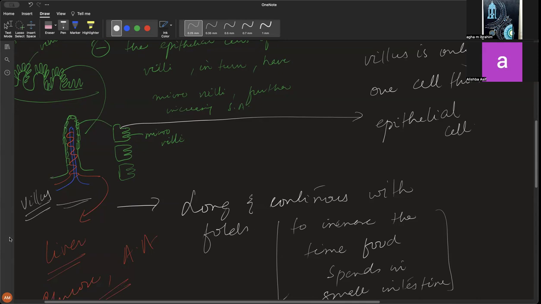In a villus, you are going to find three things: lacteal, blood capillaries, and you are also going to find the microvilli on the epithelial cells on the outer side.